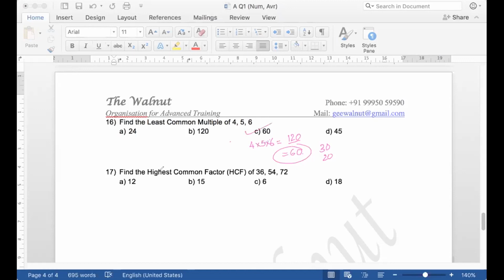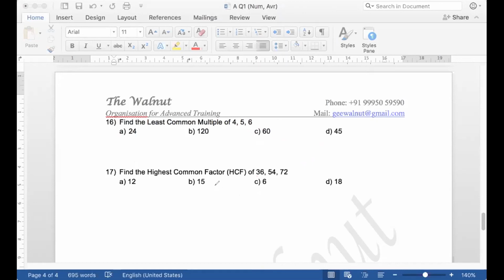And find the highest common factor. So HCF. It's not LCM, but which one is the highest common factor among these three numbers? If you look at that, 2 is a common factor, but that's not the highest one. Apart from that, 6 is a common factor, 12 is a common factor.